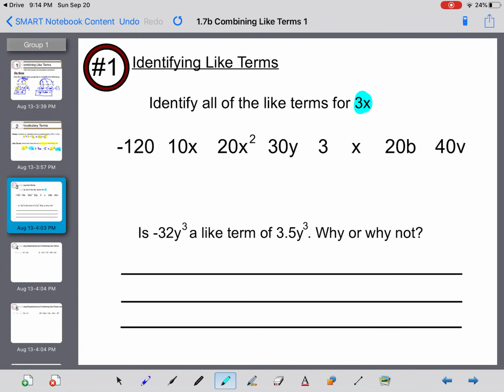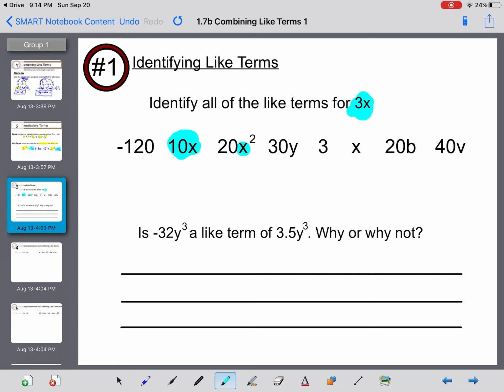So it says identify all the like terms for 3x. You're looking for an x with no exponent, which is really x to the first. Negative 120 doesn't have an x. 10x has an x. Now, everyone gets confused.